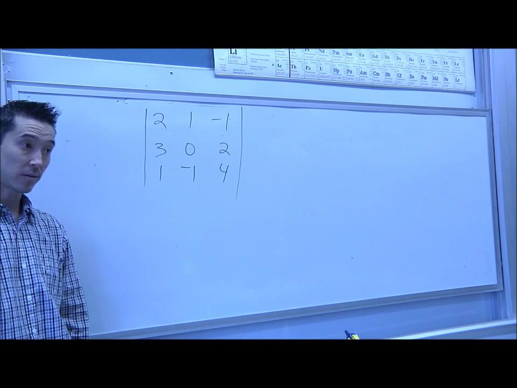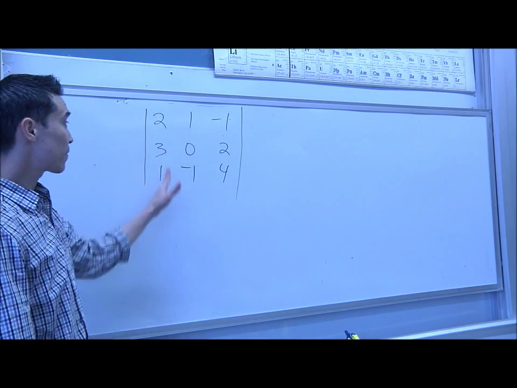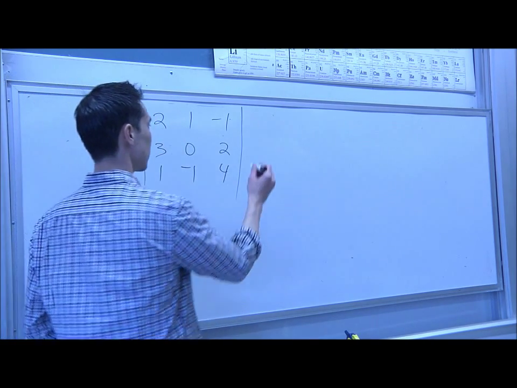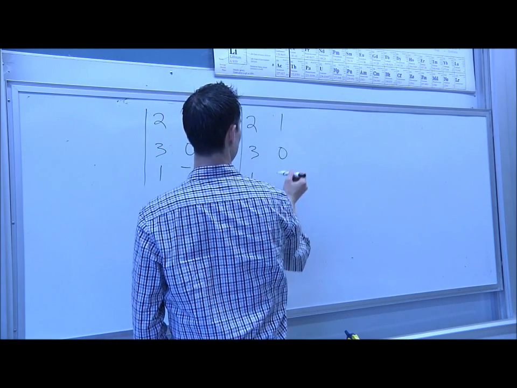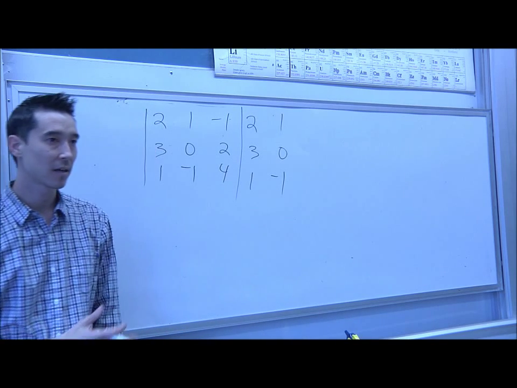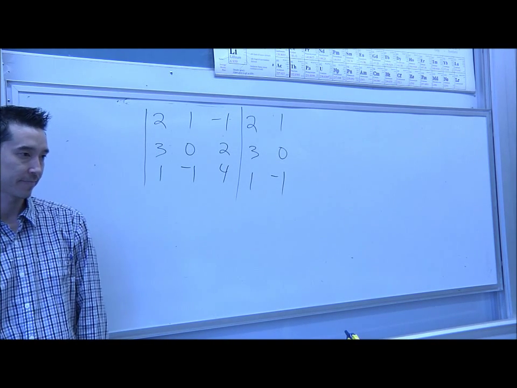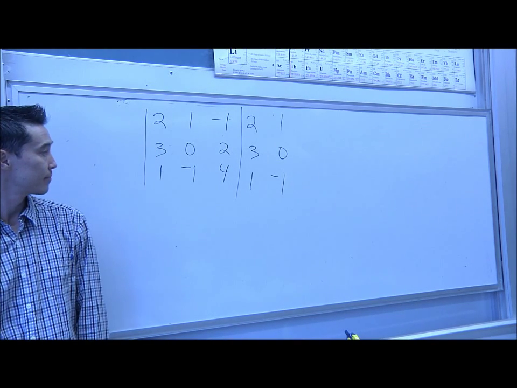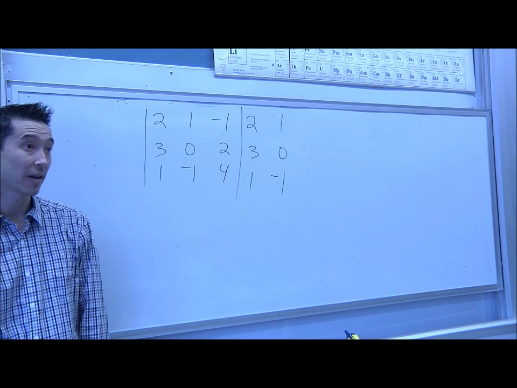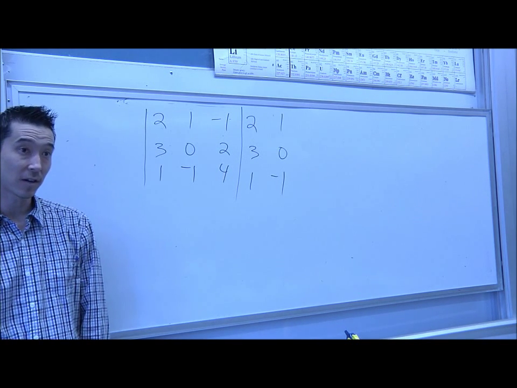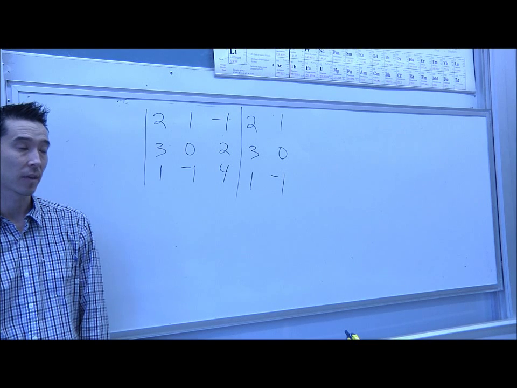The first thing that you're going to do is copy the first 2 columns again. So in your notes, copy down the first 2 columns again. Okay? Please stay with me because I don't want to lose you. Is everybody okay there? All I've done so far is I've copied down the first 2 columns again.